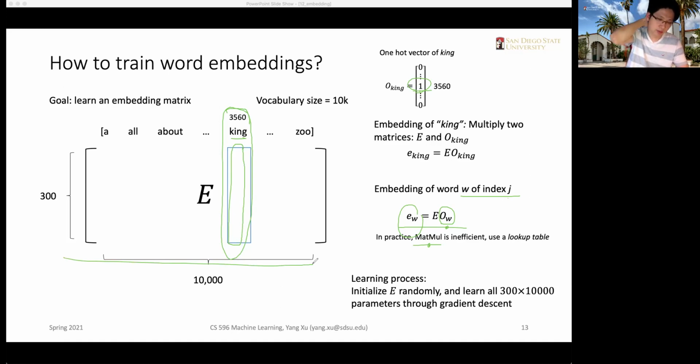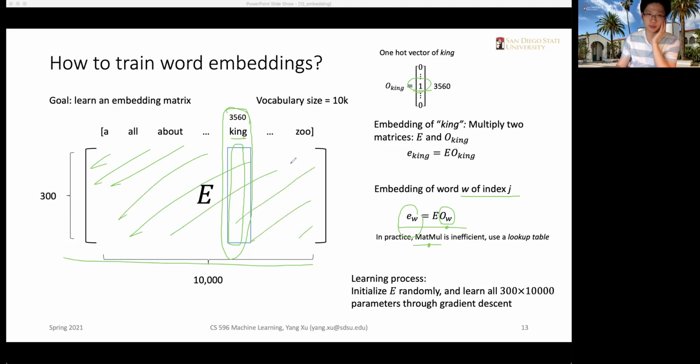Okay, so the learning process starts with some random initialization. Like we will initialize everything in that E with random numbers, right? At the beginning, we know nothing about what those values should be, right? They're just randomly initialized.